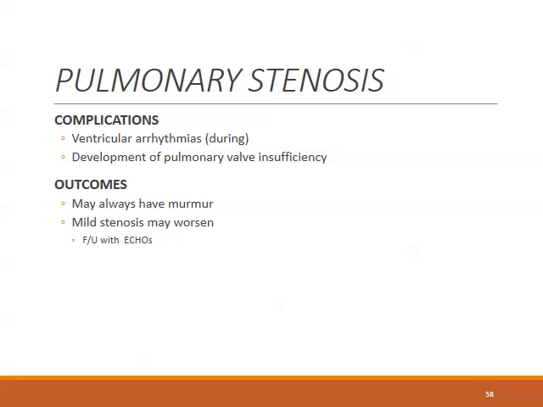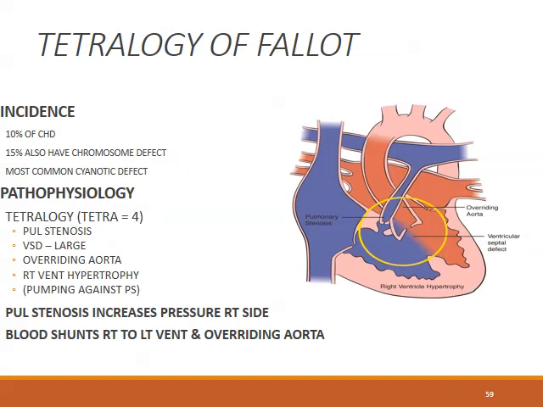Outcomes for these patients: they may always have a murmur. If they have mild stenosis, it can worsen. They're going to have follow-up done with echoes pretty much the rest of their lives.